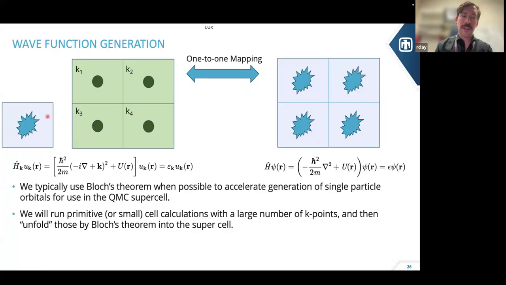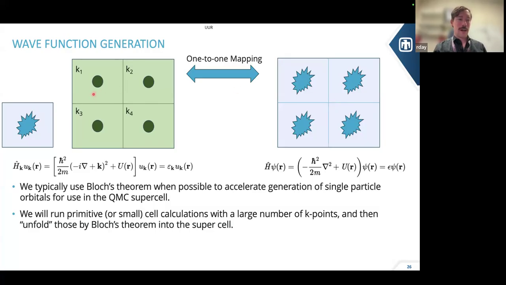By using suitably chosen K-grids, we unfold this into the supercell we're trying to run. Let's say I'm trying to do a 2x2 supercell in QMC. I'm not going to run the DFT in that supercell. It's just memory intensive, and wasteful.